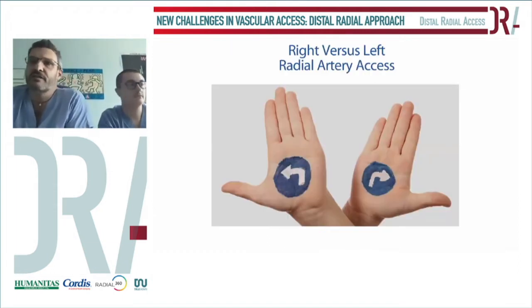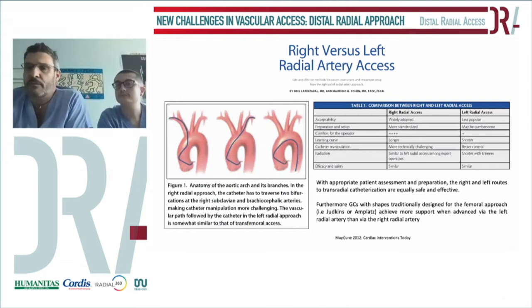And when we have to decide between right radial or left radial, we also have some data coming from the literature: with an appropriate learning curve and patient assessment, right and left access are equally safe and effective. And furthermore, when we use the left radial approach, we can achieve more support and we can more easily advance the guiding catheters that are designed for the transfemoral approach.